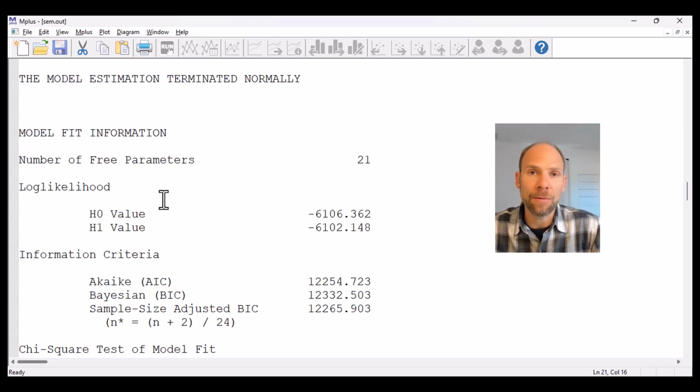The first thing that we would always do, after we made sure that the model was estimated without problems, is look at fit statistics. In this case, you can see there's a clear message here that says the model estimation terminated normally, which is a good sign, meaning there was no improper solution here, no estimation problem, no convergence problems.